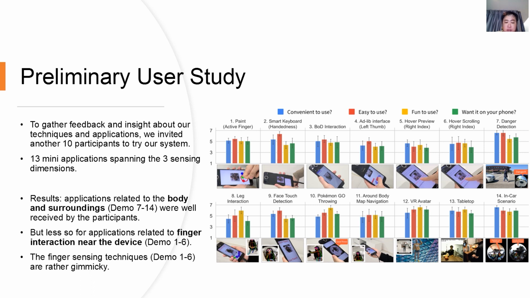The finger sensing techniques are rather gimmicky, as mentioned by some of the participants. In the paper, we also have discussions related to privacy concern, battery, and others, so please refer to the paper.